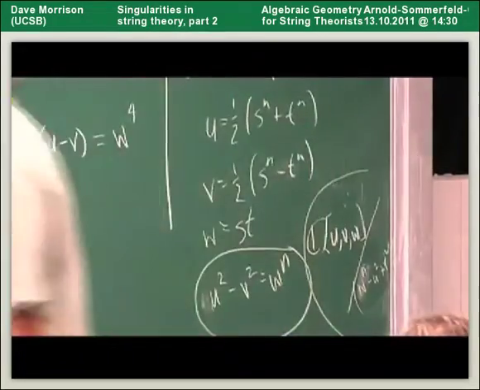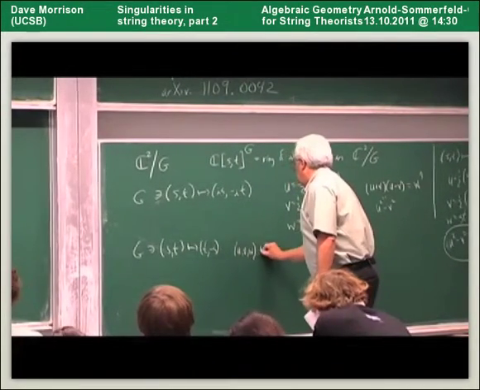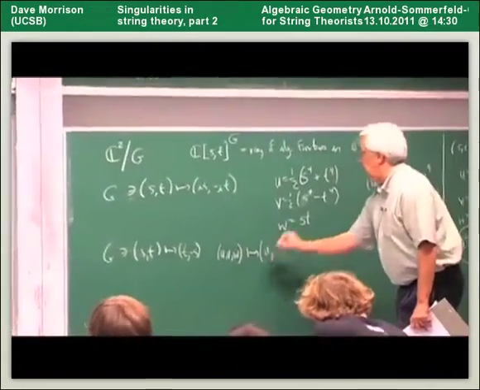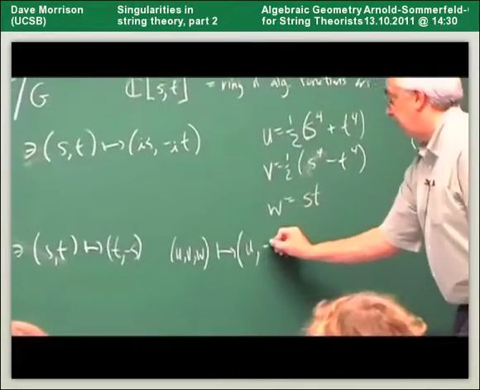Okay, but I've got more to do. G also contains the transformation which takes (s,t) to, as I said over here, (t, -s). And if you look at my current invariants u, v, and w, u is left alone by this. v, since t and s are swapped, gets sent to its negative.